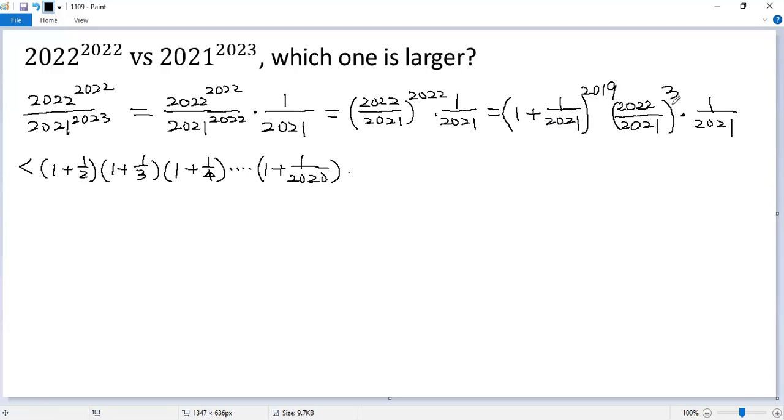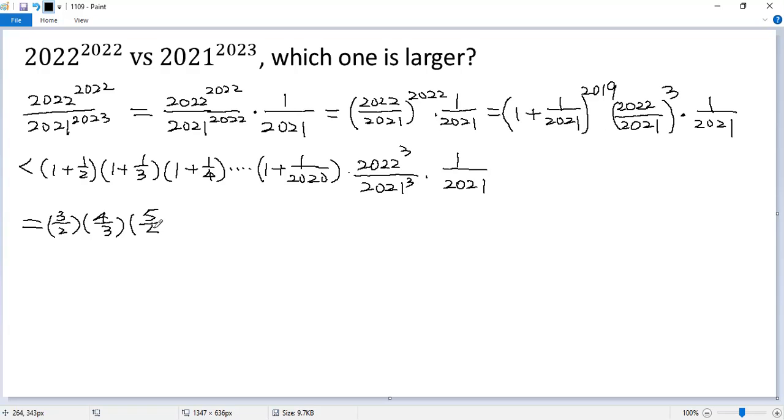Okay, so for this one, we can write as 2022 cubed over 2021 cubed times 1 over 2021. Now the first factor is 3 over 2. The second factor, 4 over 3. The third factor, 5 over 4.